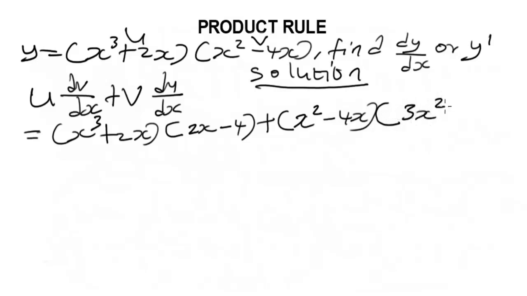3x squared plus 2. So for those of you that might be confused on how I got 3x squared plus 2, or how I got this 2x minus 4, in my first video I explained this. That's the general principle of differentiation, which is to reduce the power of x by 1.